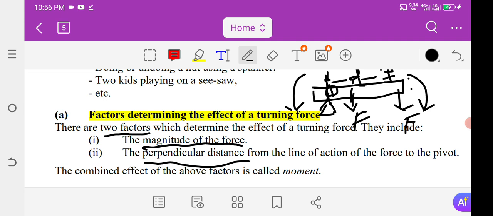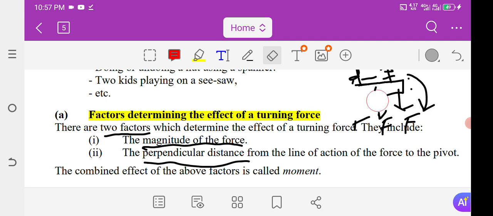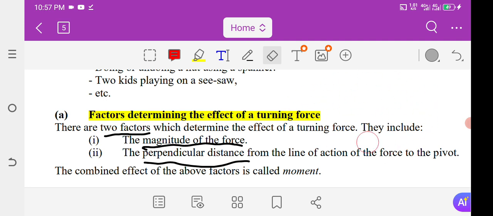If you keep shifting from the pivot, and this time apply a force here, you appreciate that the body turns more than when the force was applied close to the pivot. The further the force is applied from the pivot, the greater the turning effect.